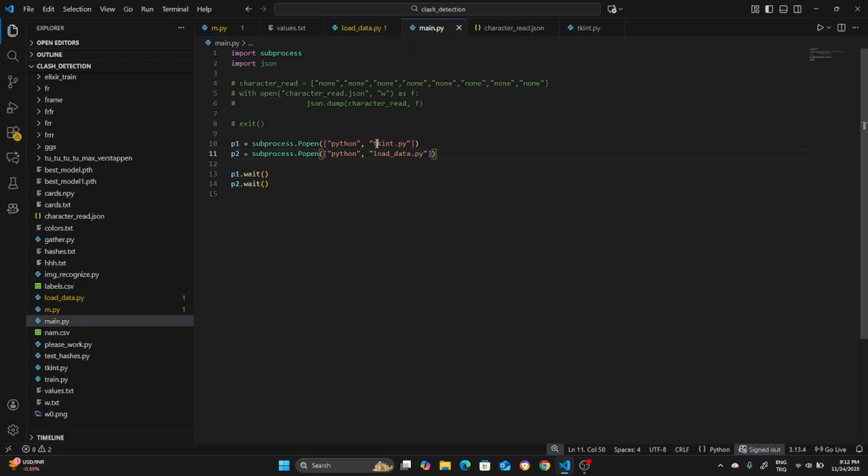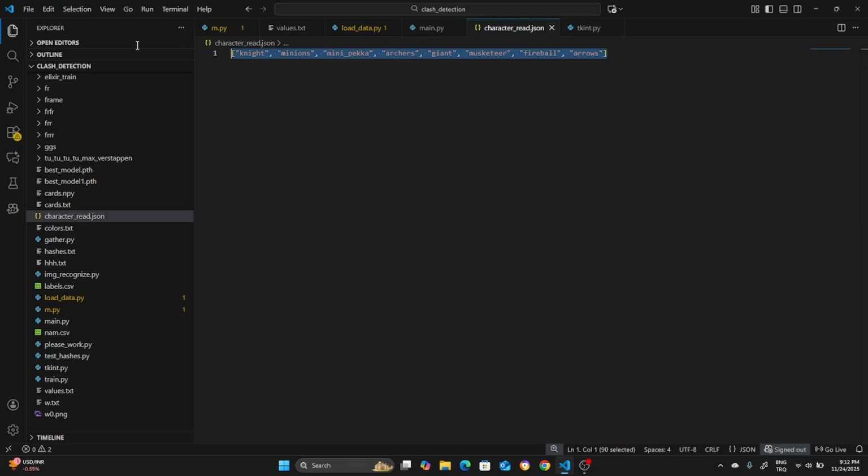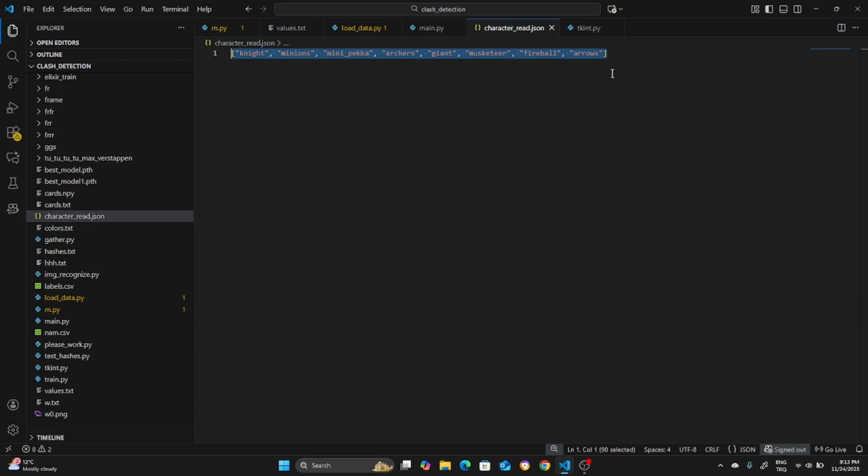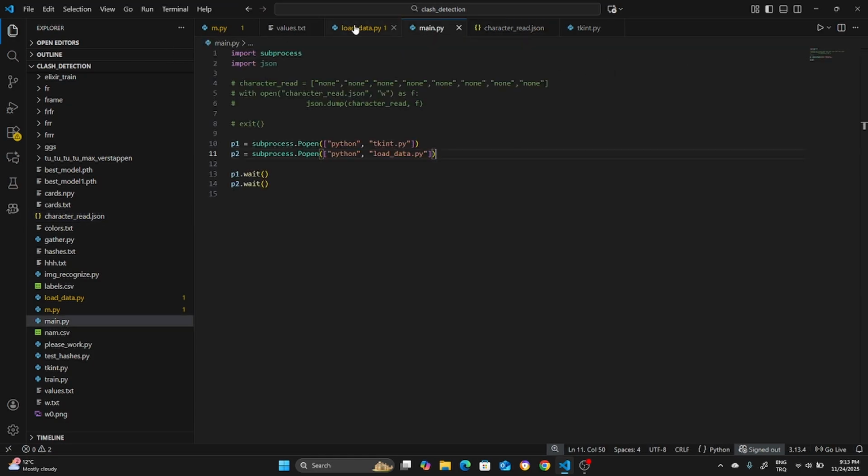I use tkinter.py to display and loaddata.py to handle the logistics. I also use character.json, which stores our opponent's hand. So this is basically our opponent's hand, right? And Tkinter retrieves data from this. This is how we know this depicts our opponent's hand, and Tkinter displays that. Load data updates this. So that's basically the whole idea.